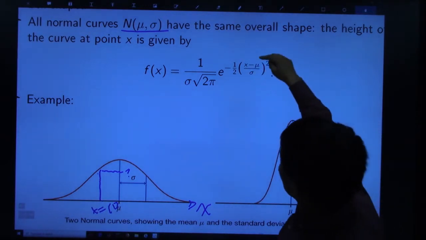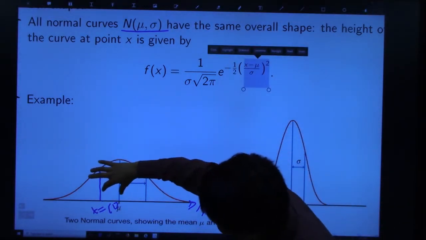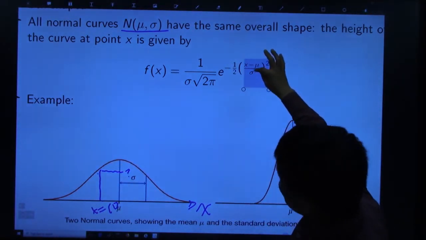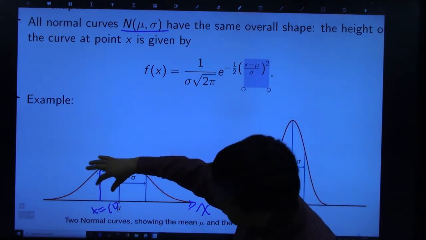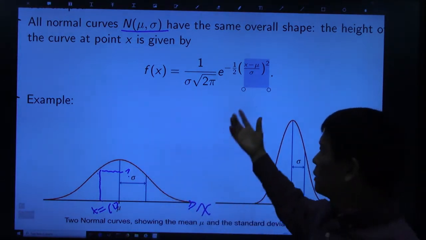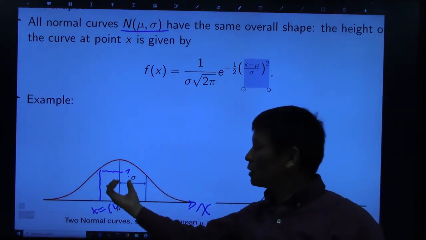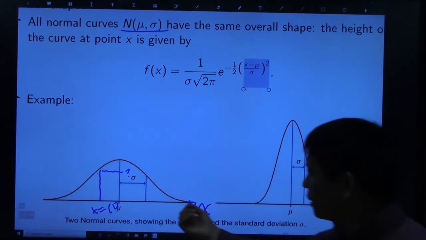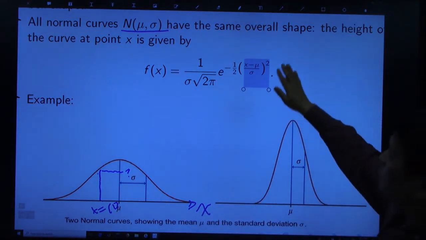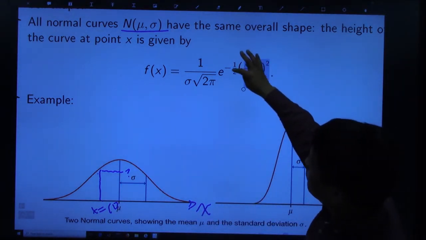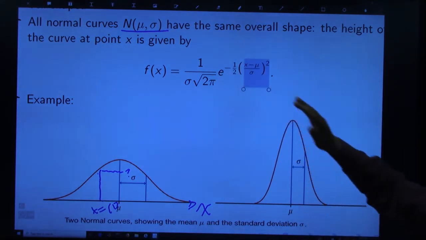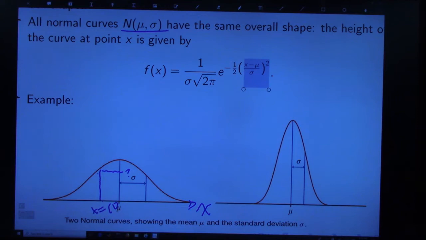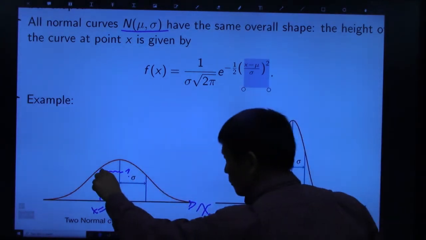So x minus mu gives us the distance. Then divided by sigma gives the size of this distance in terms of the standard deviation, so how many standard deviations this is. Then this is squared, multiplied by negative one half, then e is raised to that power, then divided by sigma times the square root of 2 pi, which gives us the height of this point.